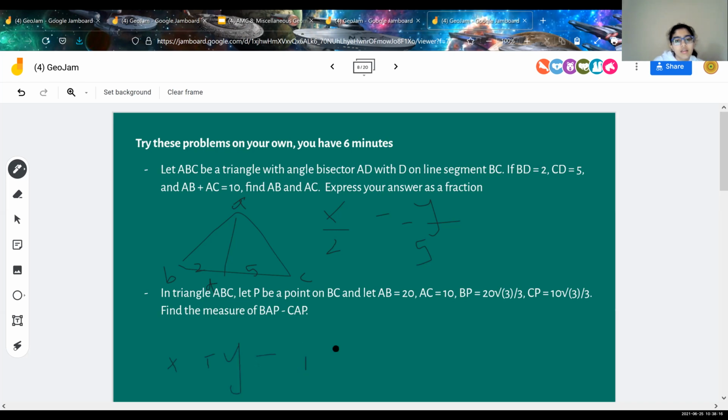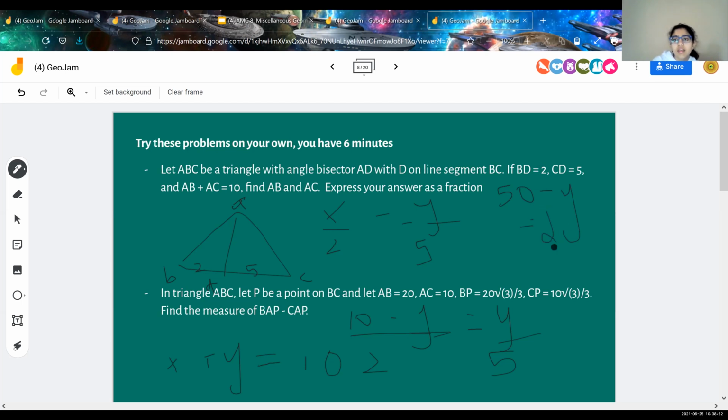So that means that we can solve for one of these, right? Let's say that X is equal to 10 minus Y because we do know that. So we get 10 minus Y over 2 is equal to Y over 5. Then we can multiply both sides by 10 and you get 50 minus Y is equal to 2Y.